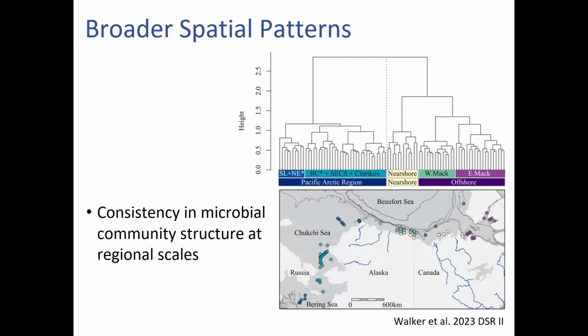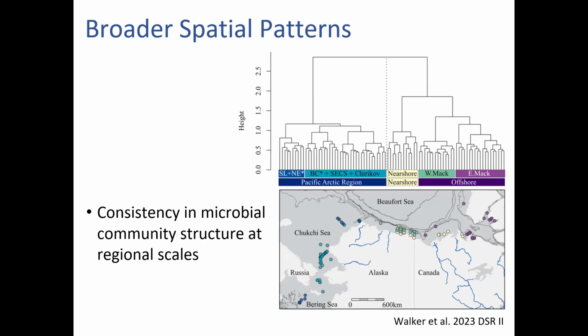There's some other samples over here in purple that are probably distinct because of influence of the Mackenzie River, which is, I think, the largest volume river entering the Arctic, or one of the largest, and carries a ton of organic matter into the nearshore environment with it. So that community looks distinct in bacteria as well as many other things.